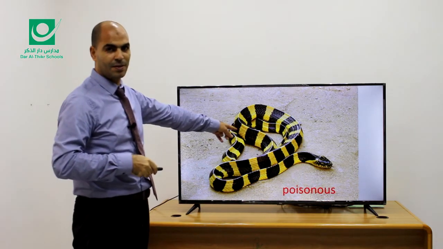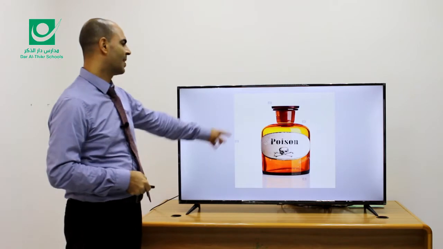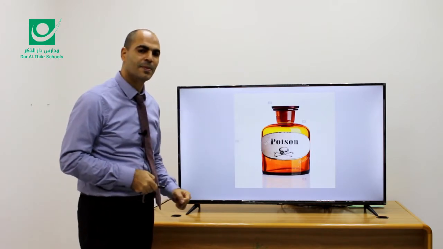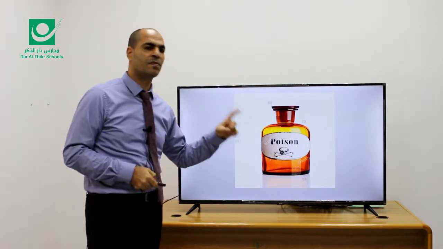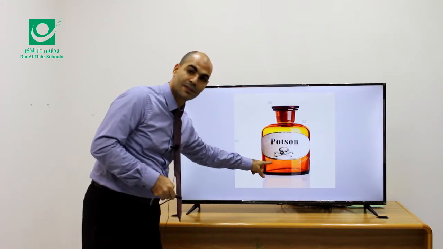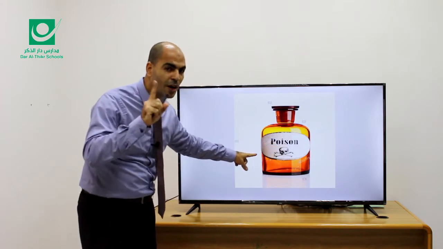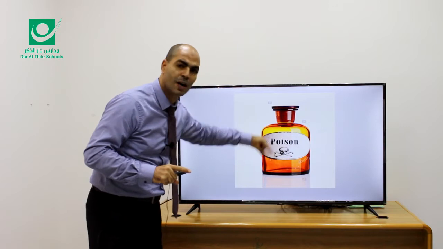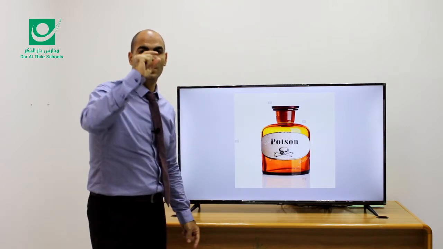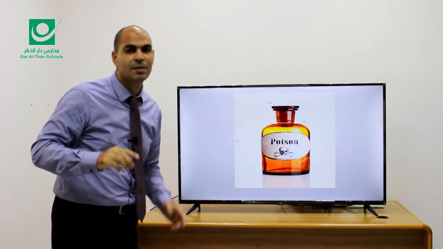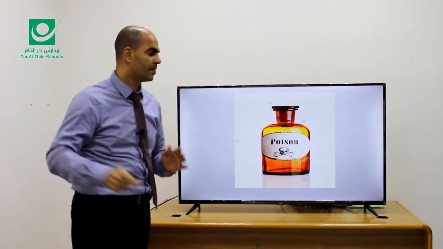Be careful. What can you see here? Yes, it's a bottle of poison. You see? Don't come near a bottle of poison, because if you drink poison, you're gonna die.